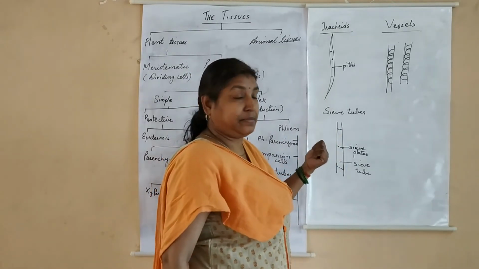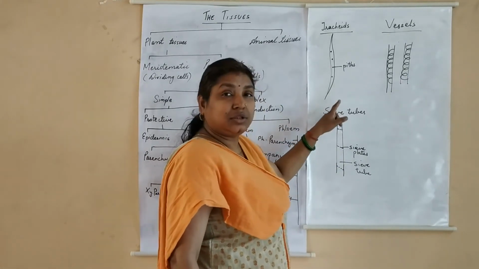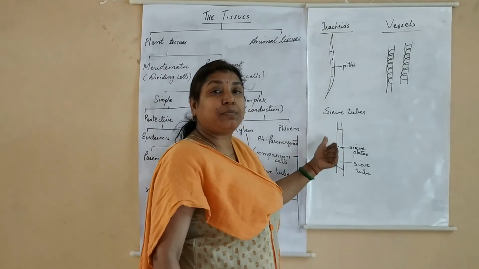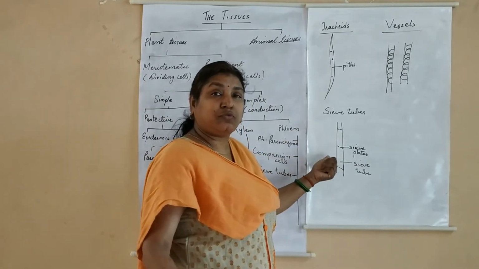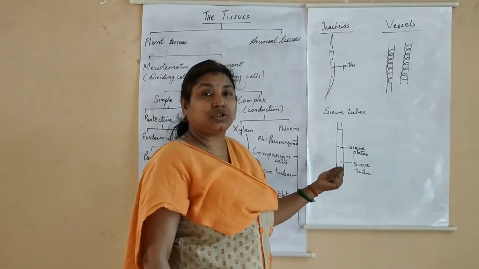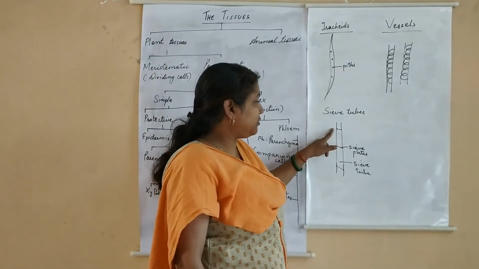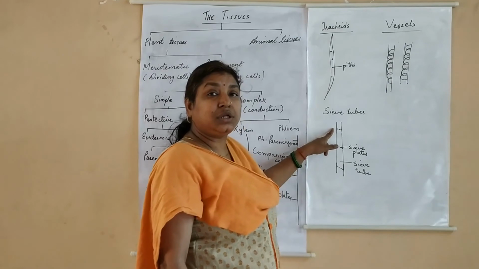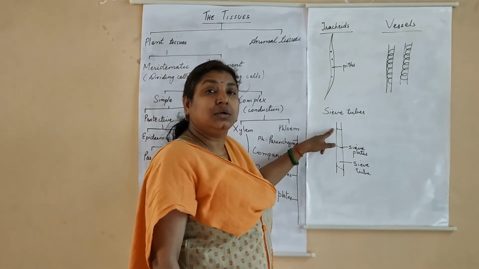What happens? These sieve plates help in proper conduction of food. The food does not directly fall downstairs, but with the help of sieve plates, it can be evenly distributed throughout the plant body.